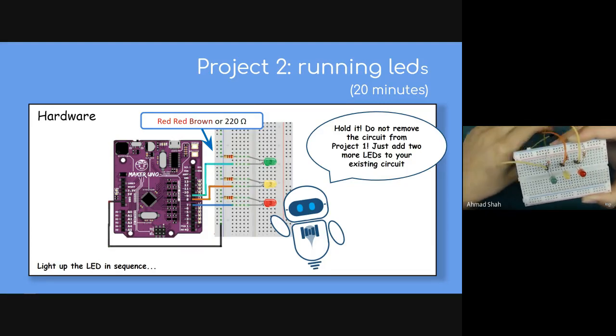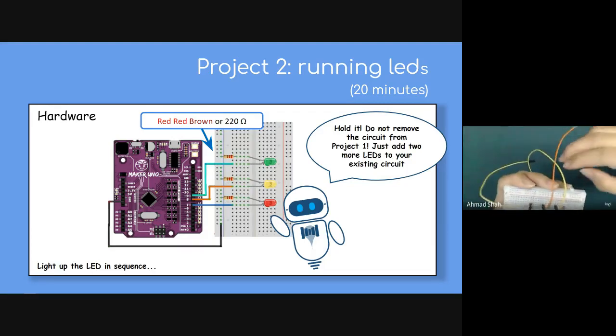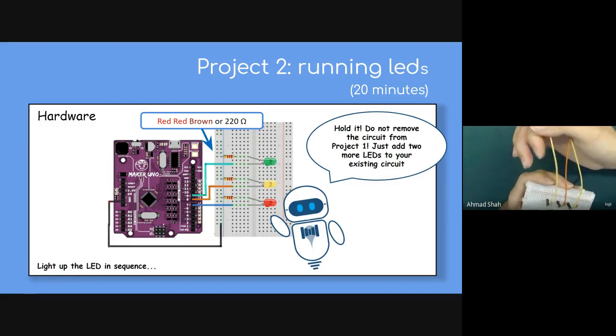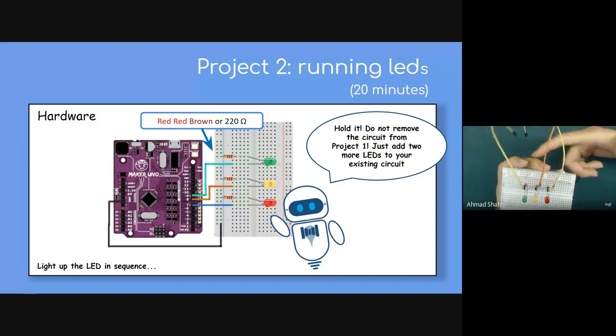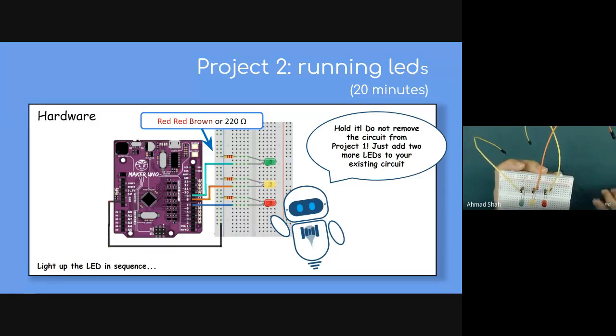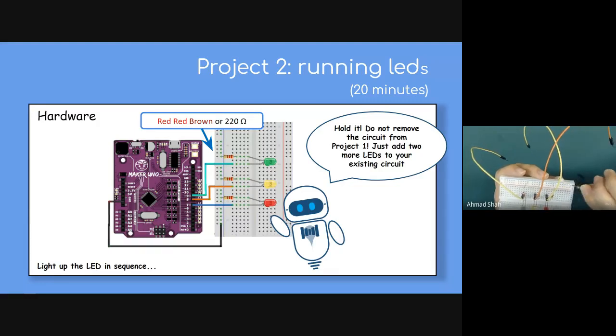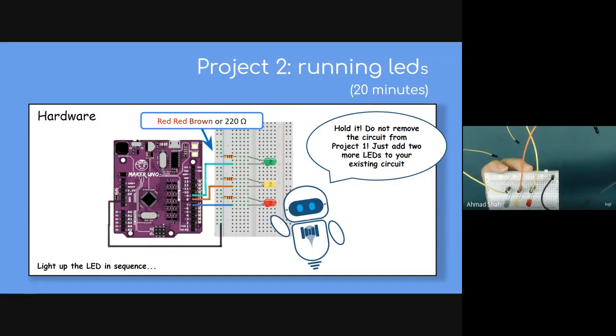Okay. So now we've done connecting the positive leg of the LED to wires. Now we'll connect the negative row here with one black wire, which indicates it's going to connect to ground.